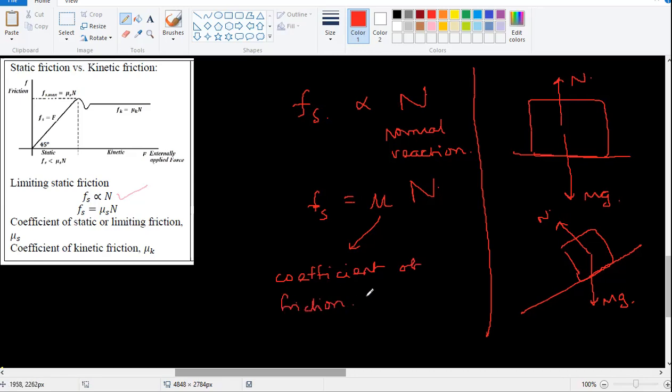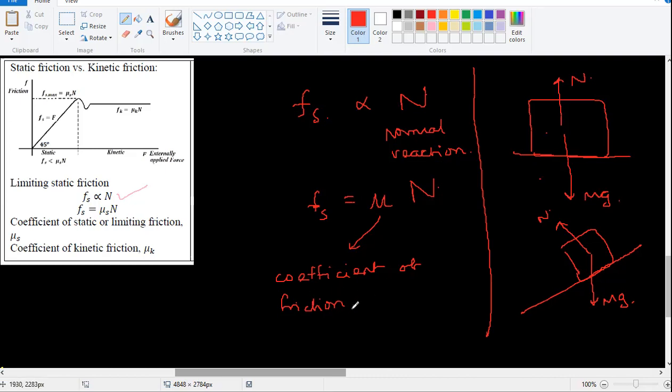So the coefficient of friction, what do you think? Does the friction depend upon both the surfaces or one single surface? Both surfaces. So that means if you do a Google search, it will not tell you the coefficient of friction for a particular material.